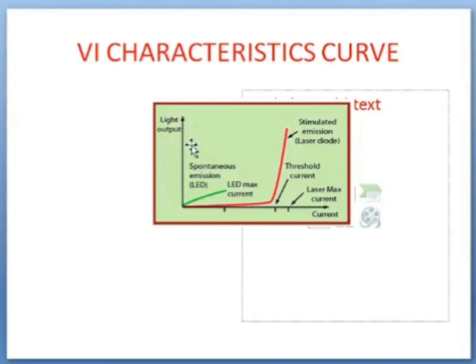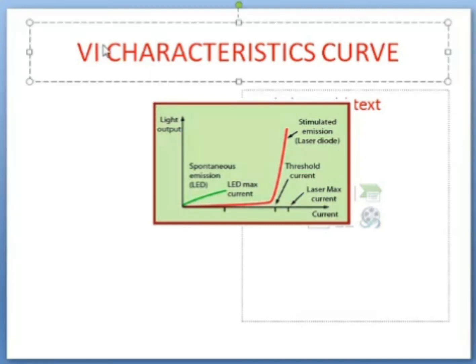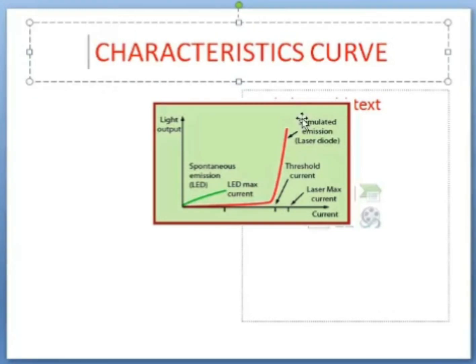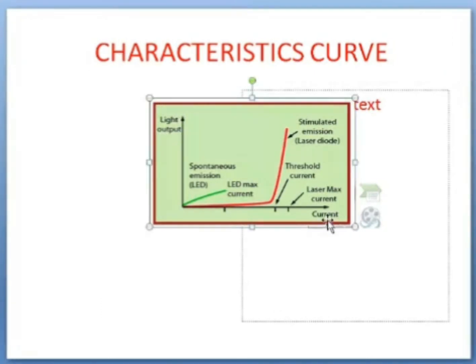The graph is drawn between light output, that is output light power, and the current. I should not call it VI actually; it is better to say characteristic curve. In this characteristic curve, the graph is drawn between power light output and the current, with current on the x-axis.